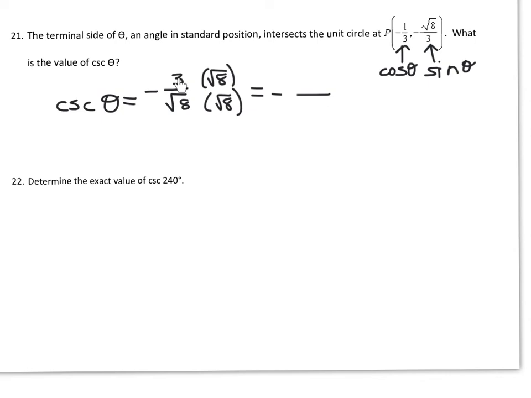Anyway, 3 times radical 8 is just 3 radical 8. We can't do anything else with those because the 3 is not under the radical, and the 8 is. Then radical 8 times radical 8 is just 8. And since we can't simplify the 3 and the 8, the whole number's on the outside, this is our final answer, negative 3 radical 8 over 8.